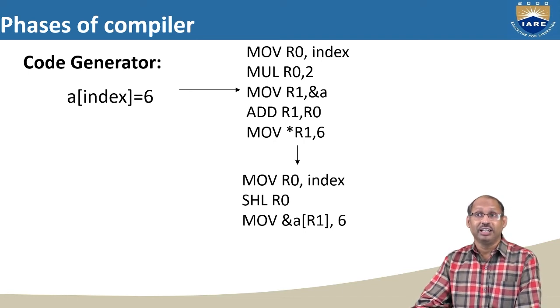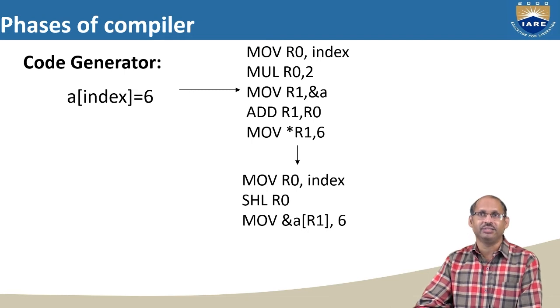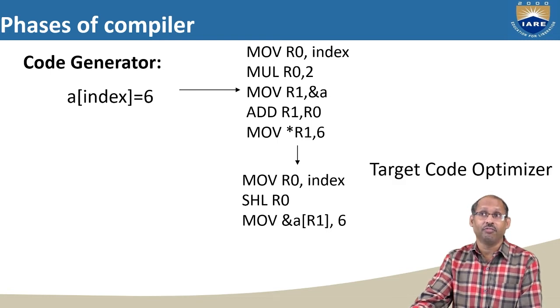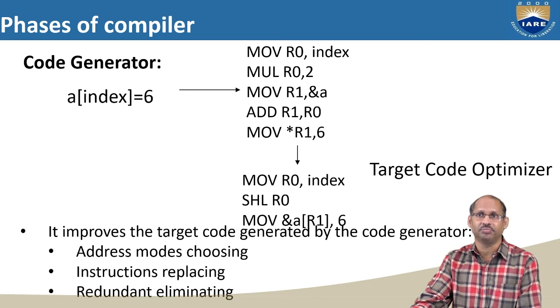So here the optimized single line A of index equal to 6 is converted to 6 lines of the assembly language program. Further it is optimized to 3 statements of the assembly language program. So it is the final phase of our phases of a compiler, right?